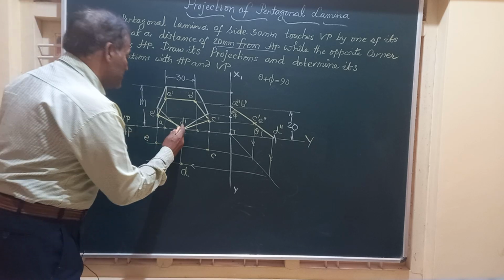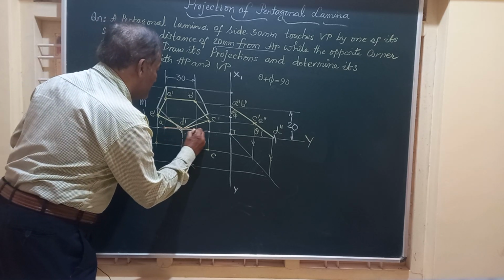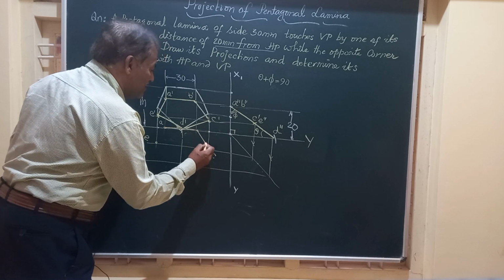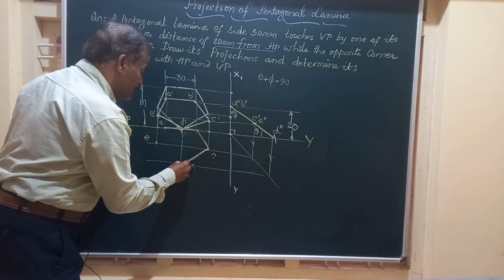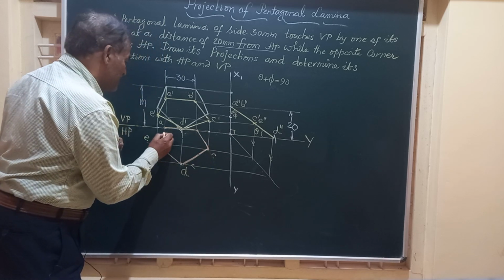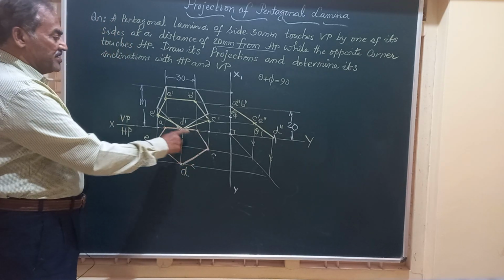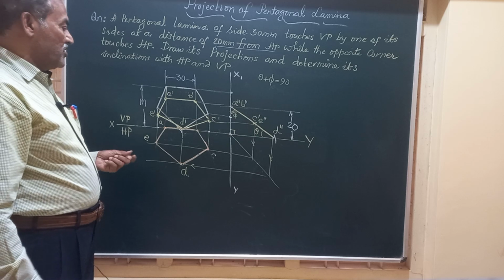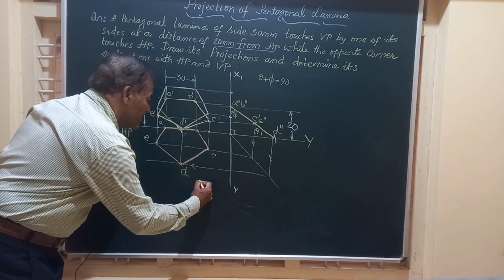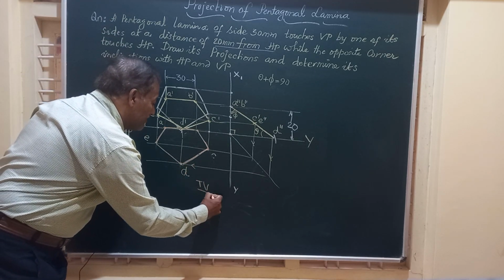So I am going to join A to B, B to C, C to D, D to E, E to A. So this pentagon, which is distorted in shape, will give you final top view of the lamina.